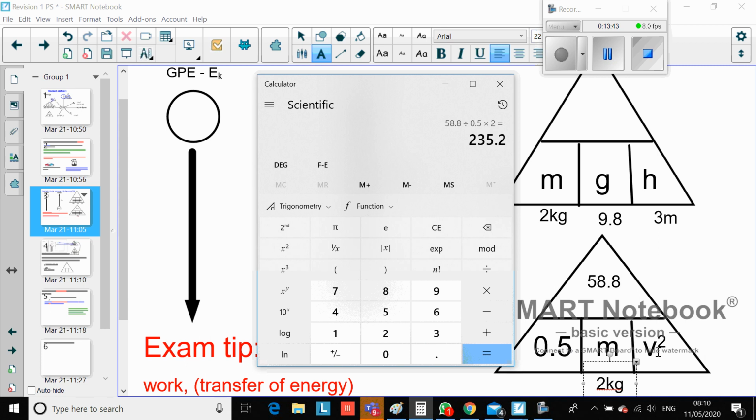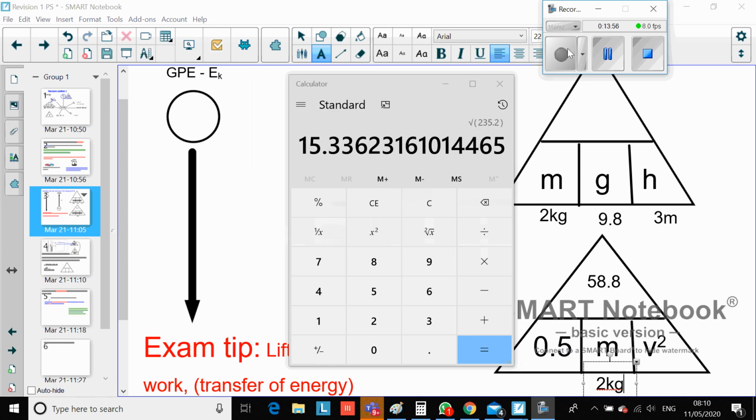So what we need to then do is square root that. So the square root, wherever my square root button is. Right, apologies for that. So in this case, the speed at which the ball is moving, I need to square root it. So it's 15.3 meters per second.